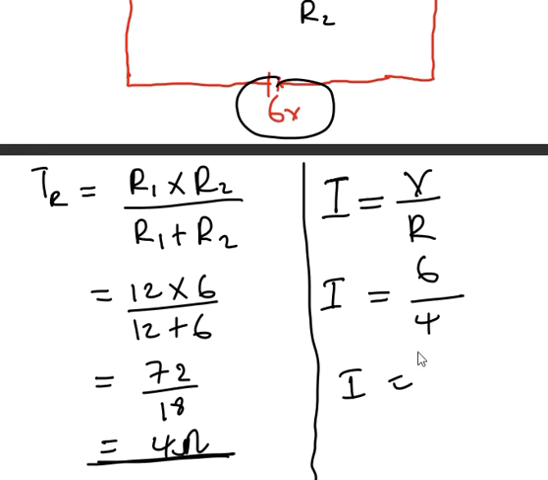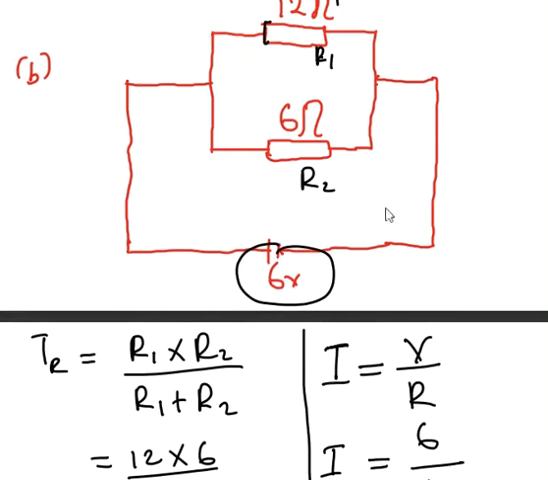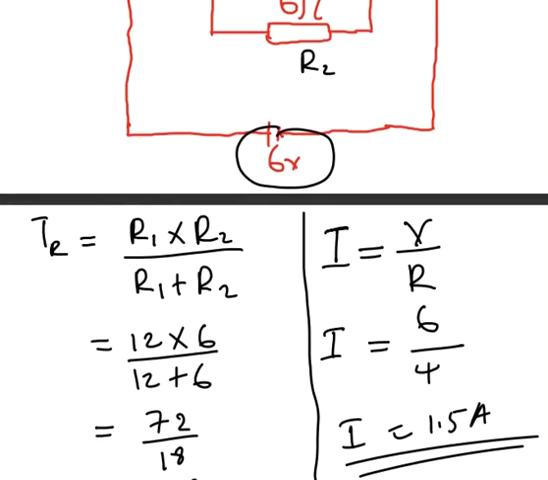So tikapanga divide, ndeti tipeza 1.5 amps. So current imene ikudutsa mu this circuit ndeti ndi 1.5 amps.